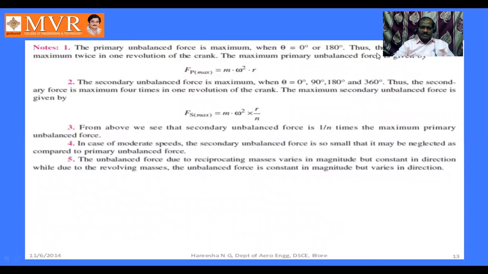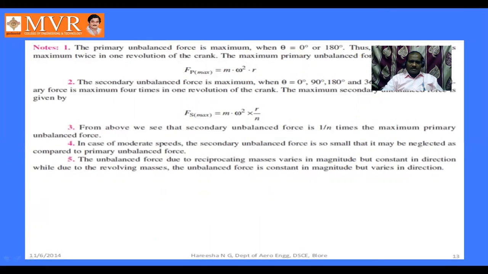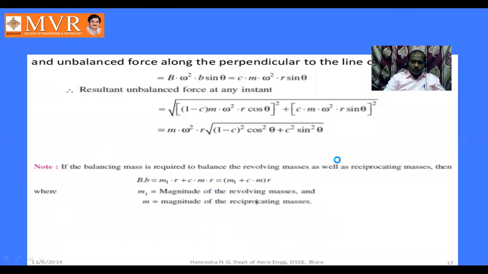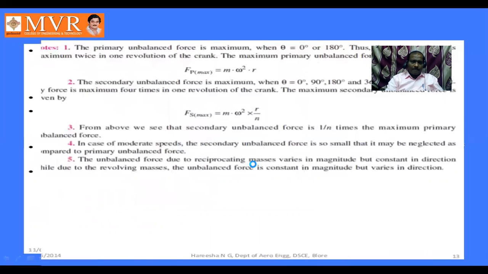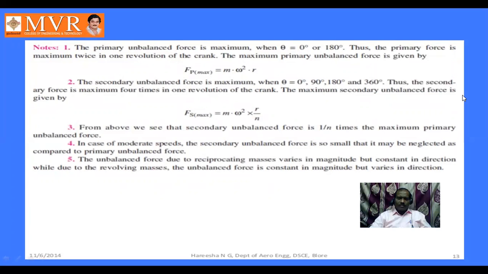Next, the conditions. If you observe these conditions, the primary unbalanced force is maximum when theta is equal to 0 or 180 degrees.